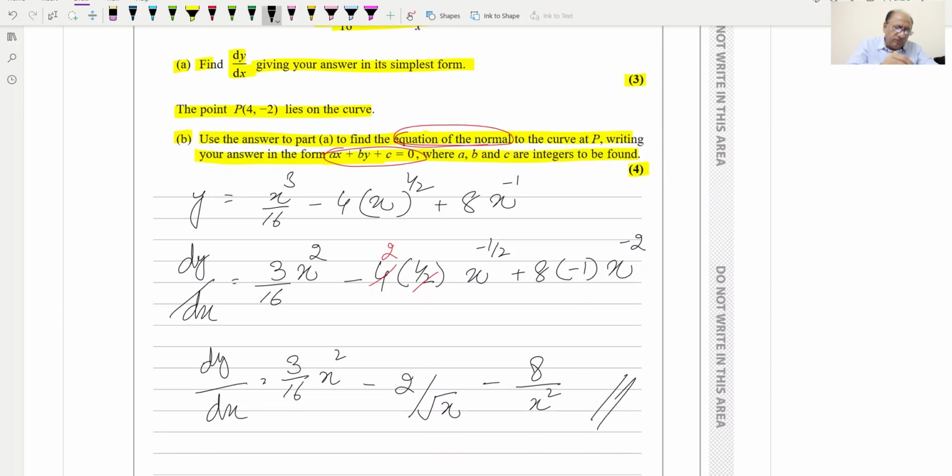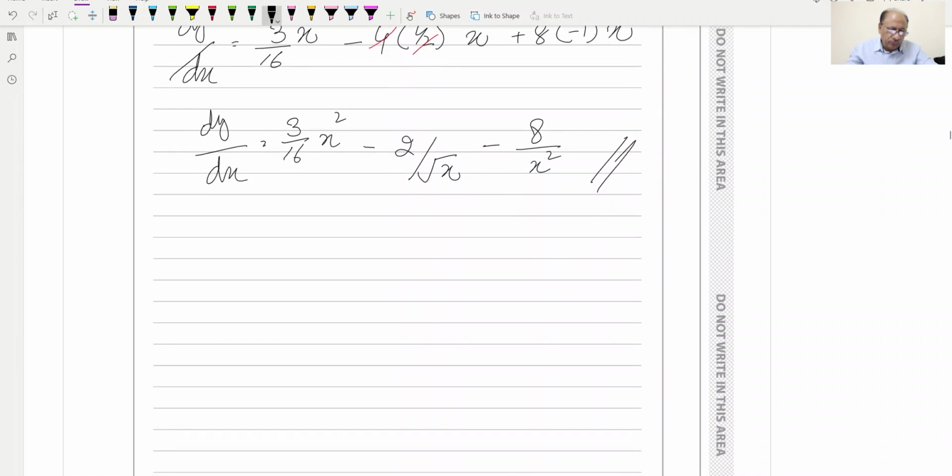So first of all we will use the given point, which is P, 4 and minus 2. We can write here B part answer.